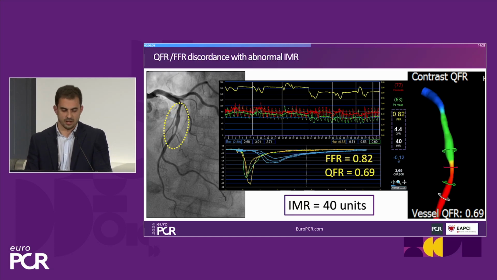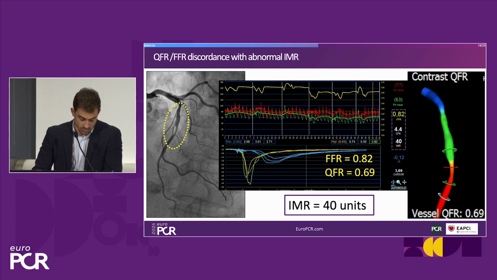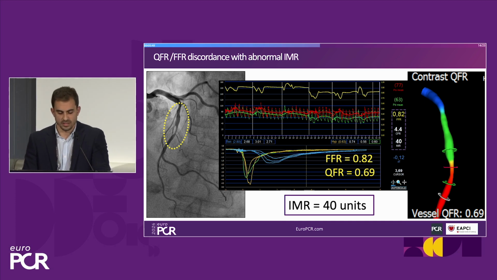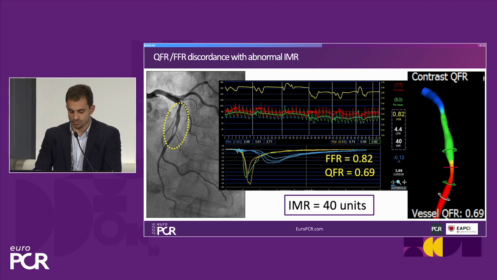We have a vessel with an intermediate stenosis in the left circumflex, where FFR is 0.82, and we also have the determination of the IMR, which is high, 40 units. But if we perform QFR in this vessel, we may observe that it's 0.69, so it's positive, and we would assume it's a false positive in this case.